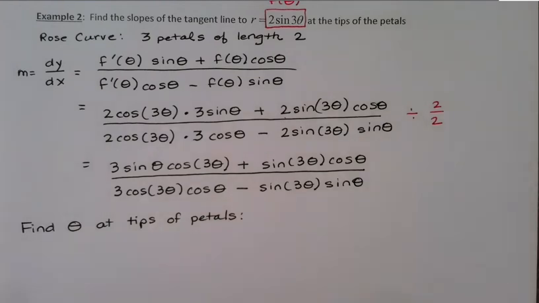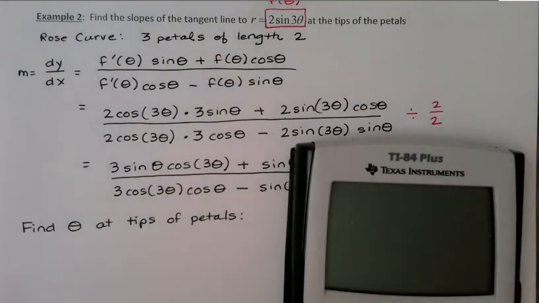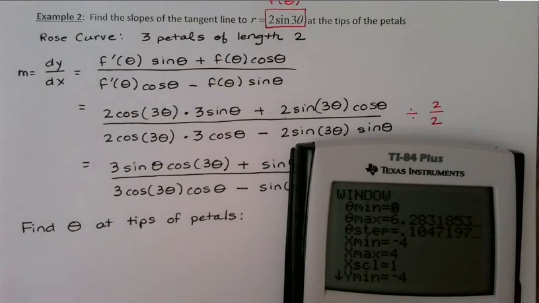So, we already know it's a rose curve, 3 petals of length 2. In order to get a really good picture, of course, we can always use the calculator to help us graph. And I am in polar mode. So I'm just going to go ahead and do 2 sine 3 theta. And I'm going from 0 to 2 pi.